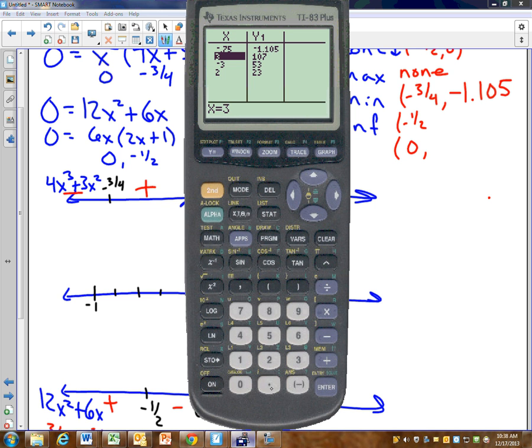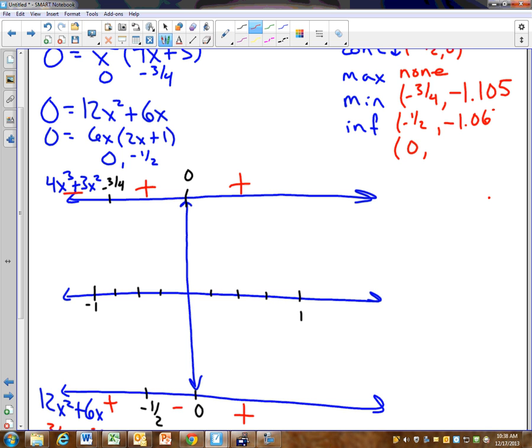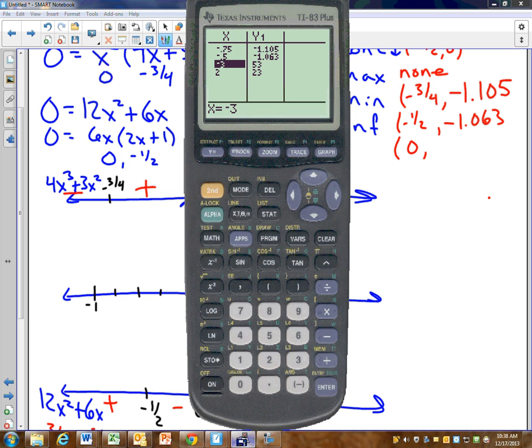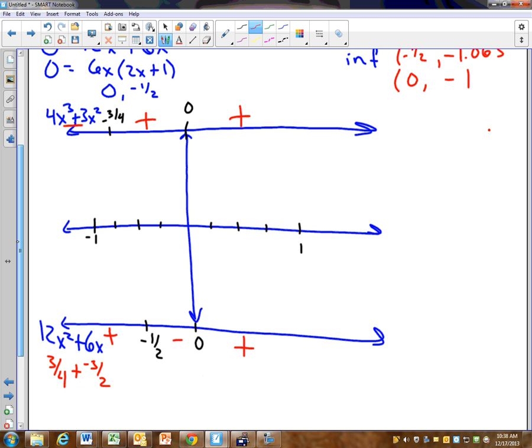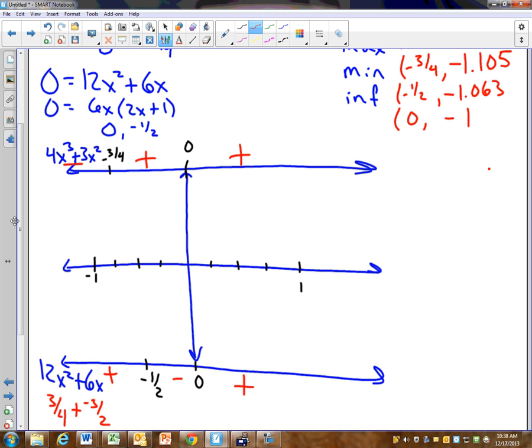If I plug in negative 0.5, I get negative 1.063. And then if I plug in 0, negative. Now, these are really close together, aren't they? So we'll exaggerate the graph a little bit to make it kind of work out.